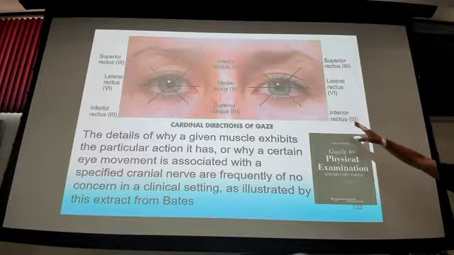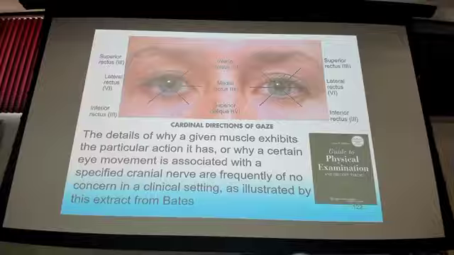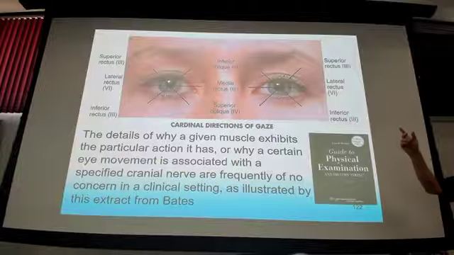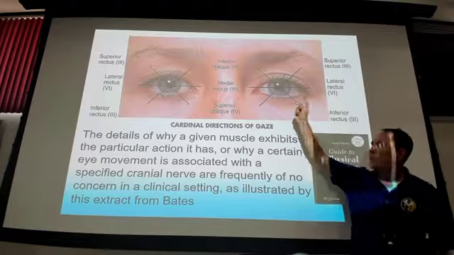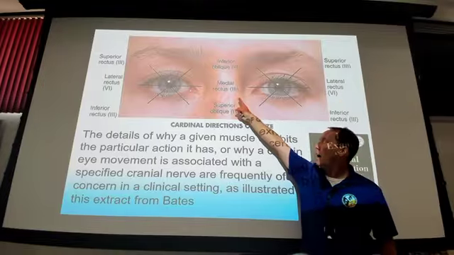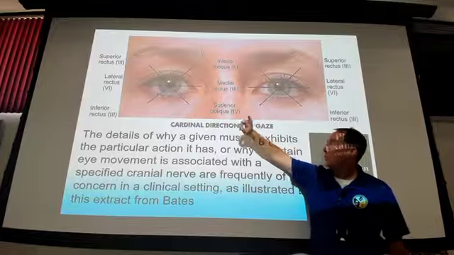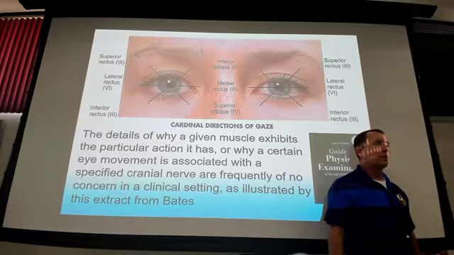Because where are they? This is their picture out of Bates. Where are the obliques? Normally the obliques are out here, right, in anatomy, but they don't even address it. But it doesn't really matter clinically, as long as you know why you're doing the eye exam or how to do it. Because they teach you to do the eye exam, and then they tell you if you adduct the eye and you cannot get to the down and in quadrant of that eye, that means there's a problem with superior oblique.